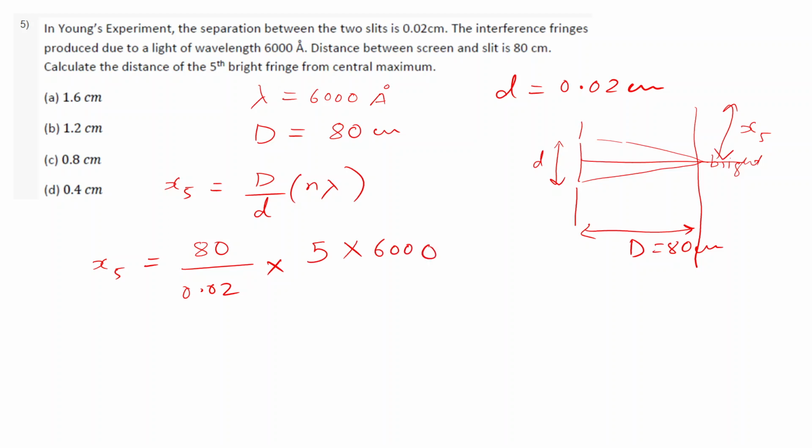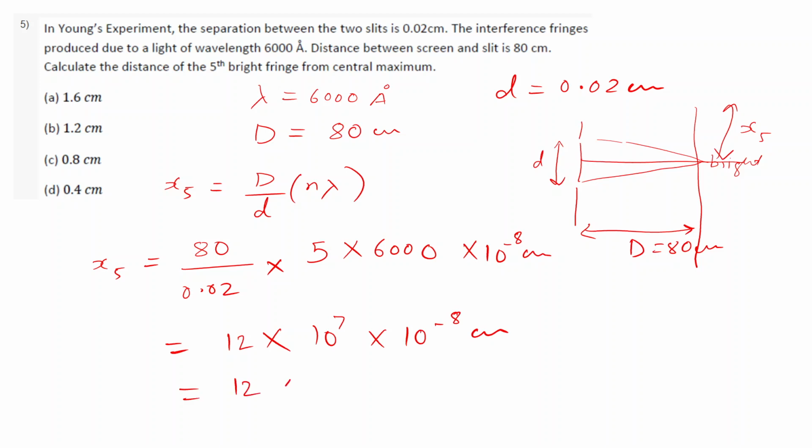When I change to centimeter, it will be 10 to the power minus 8 centimeter. So when we calculate all of this, we get 80 divided by 0.02, which is 4000, multiplied by 5, multiplied by 6000, and then we have 10 to the power minus 8 centimeter.